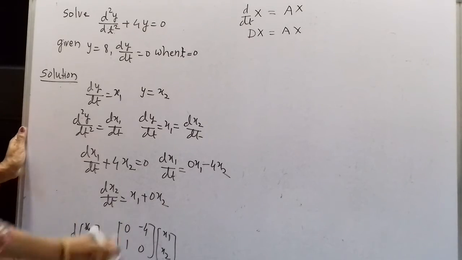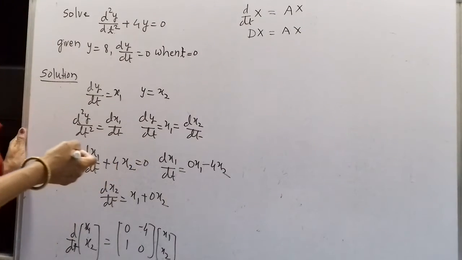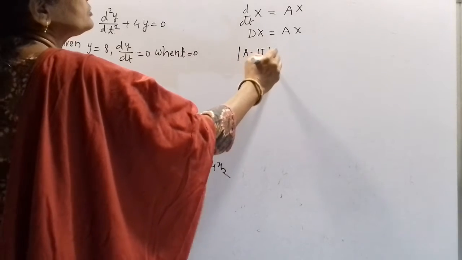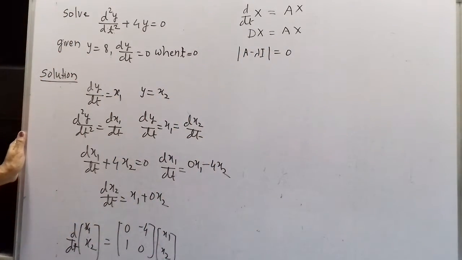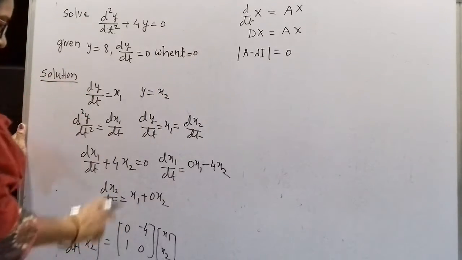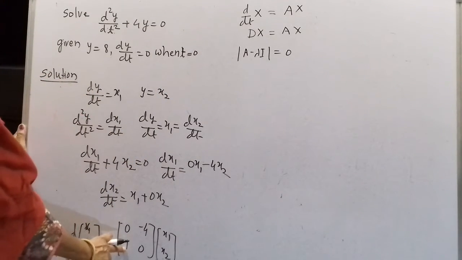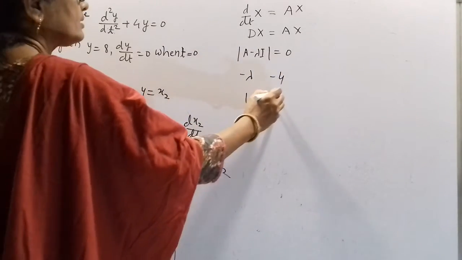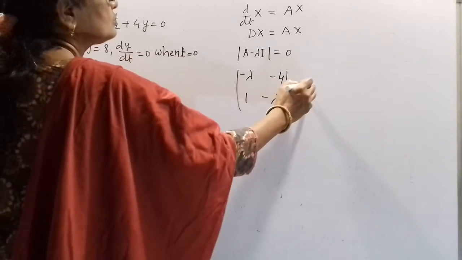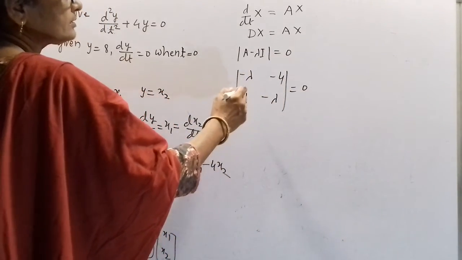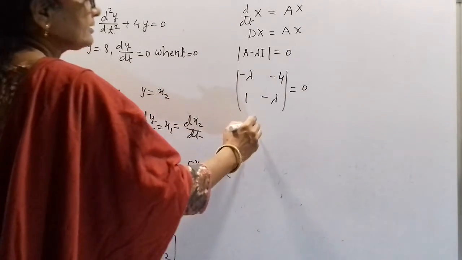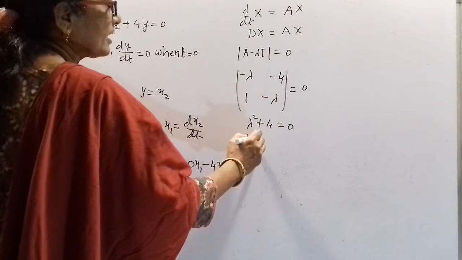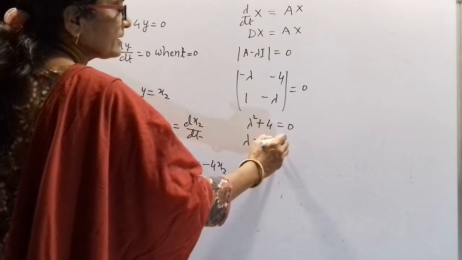For the modal matrix of A, we have to find the eigenvalues. For that we take A − λI = 0. A − λI means [[−λ, −4], [1, −λ]] = 0. The characteristic equation is λ² + 4 = 0, and the values of λ are ±2i.